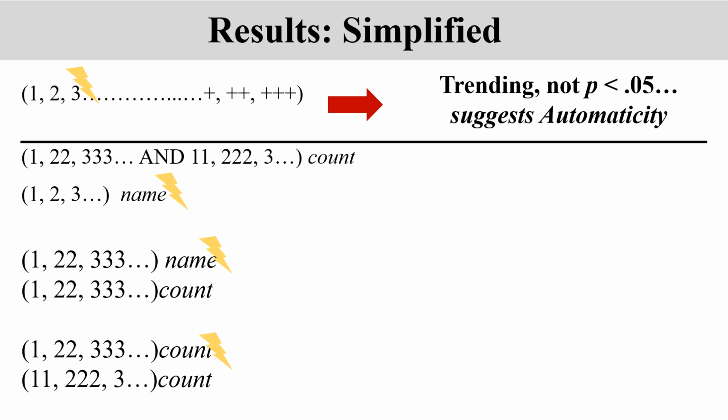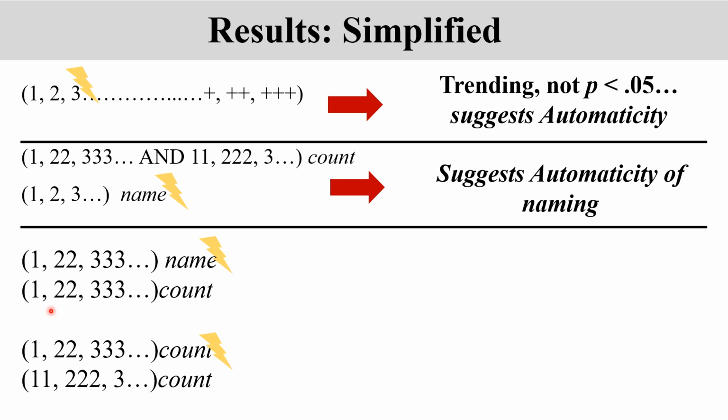So the first part of the experiment shows that their p-value was smaller than 0.05. That just suggests automaticity. That means reading single-digit numbers was significantly faster than counting the plus signs.